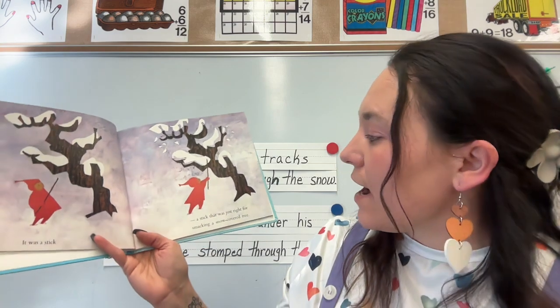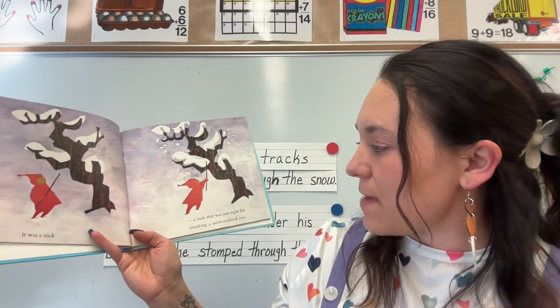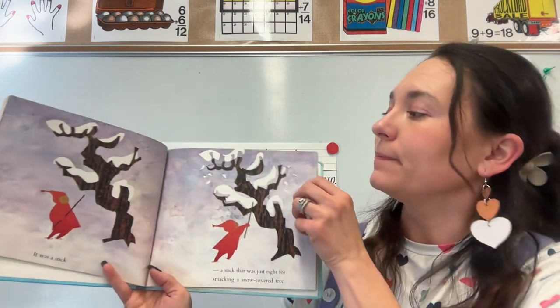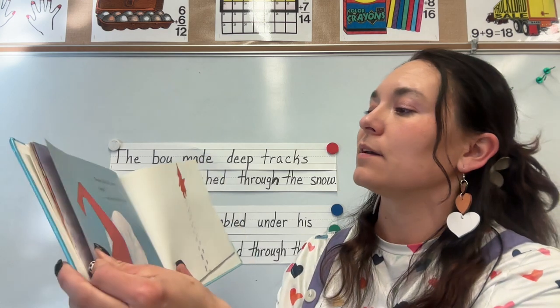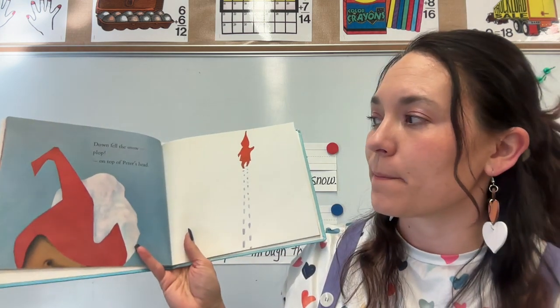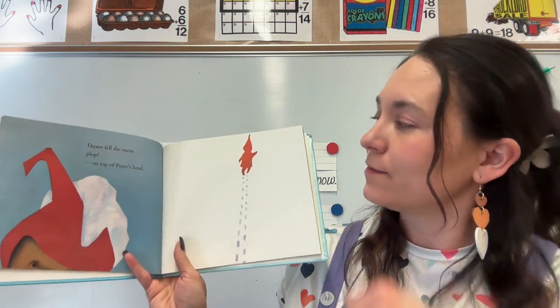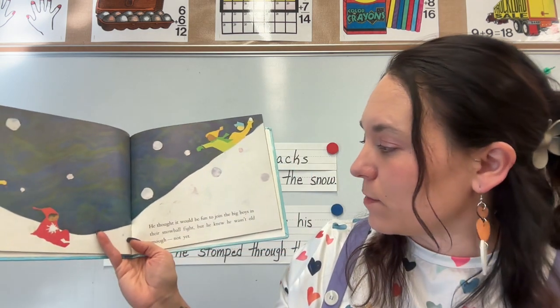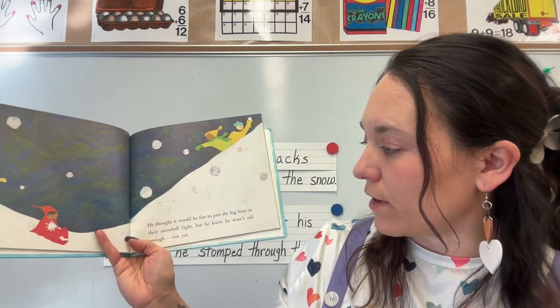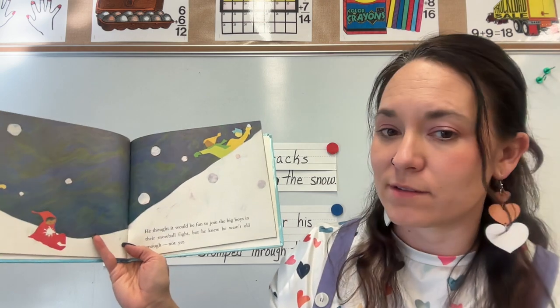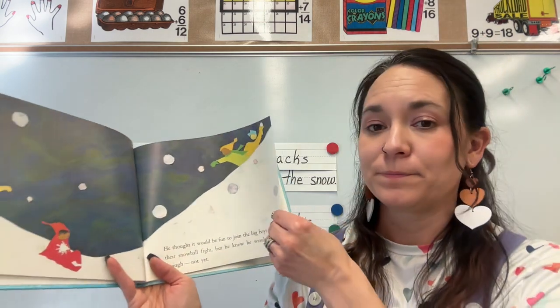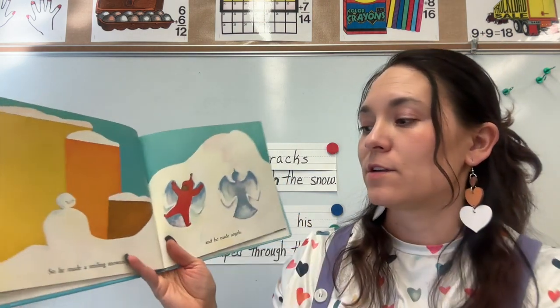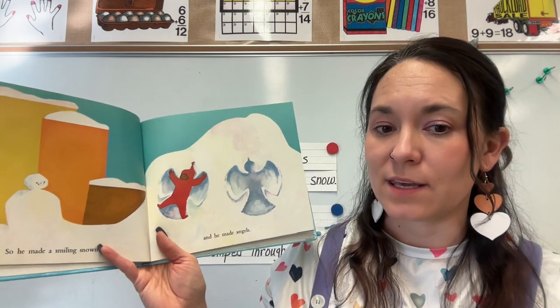It was a stick that was just right for smacking a snow-covered tree. Down fell the snow, plop, on top of Peter's head. He thought it would be fun to join the big boys in their snowball fight, but he knew he wasn't old enough. Not yet. So he made a smiling snowman. He made angels.